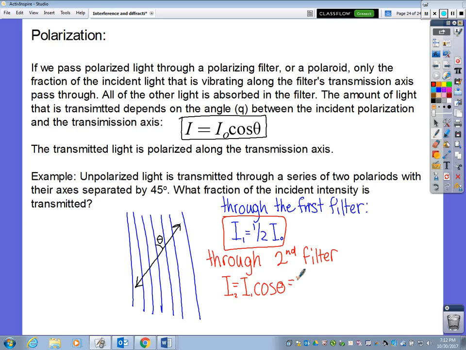So this is 1/2 I naught cosine theta. I'll write it down here. That's 1/2 cosine of 45 degrees times I naught, which, if I plug in those numbers, I get 0.35 I naught. Or I could say, I don't have room, 35% transmission.